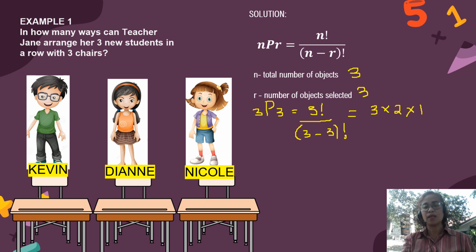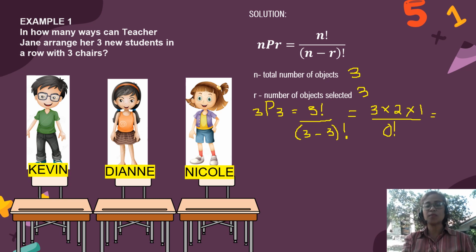Okay, and then our denominator will be 3 minus 3 is now 0. Okay, you have now 0 factorial. Okay, remember that the value of 0 factorial is equal to 1.